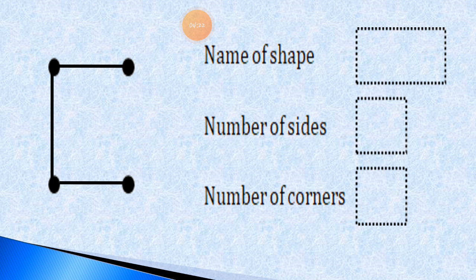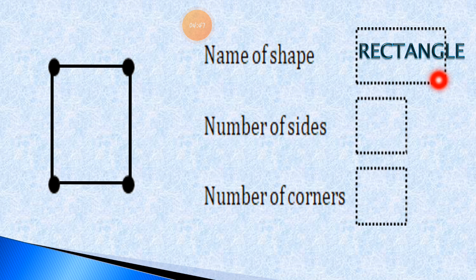See this, now the shape is complete. Which shape did we make by joining the dots? The name of this shape is a rectangle. You have to write down the name of the shape, and you have to write the spelling of rectangle. This way you have to write the name in the answer box: rectangle, right?